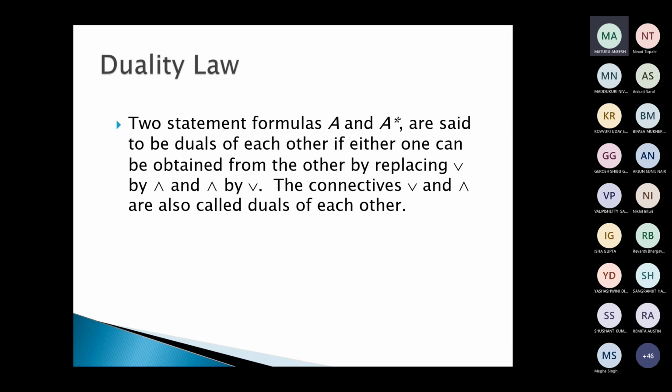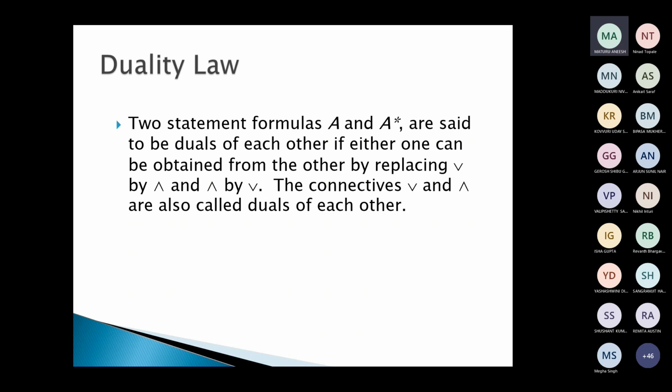Duality law. So what do you mean by dual? See, there are two formulas or even two statements, right? Two statements are said to be duals of each other if either one can be obtained from the other by replacing AND by OR and OR by AND.